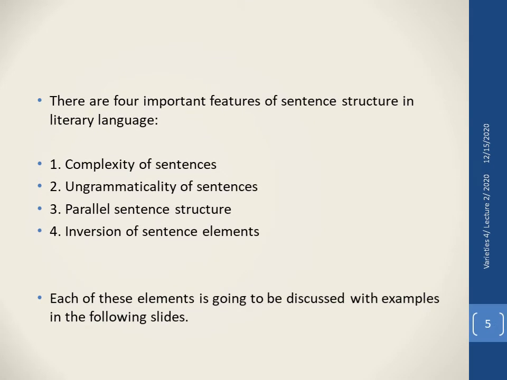Now, generally, these are the four important features of sentence structure in any literary language. First, we have complexity of sentences. Second, we have ungrammaticality of sentences. Third, parallel sentence structure. We will find out that writers actually rely on the use of parallelism in language to achieve a kind of harmony and oratory as well as beauty in the language.